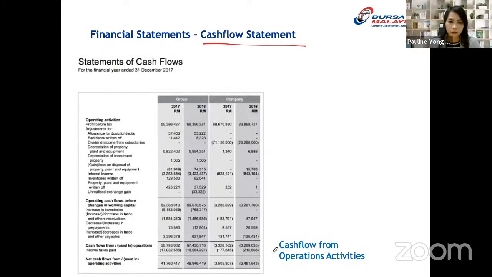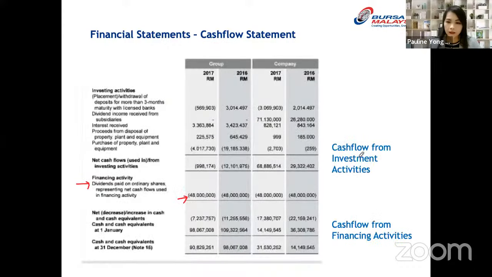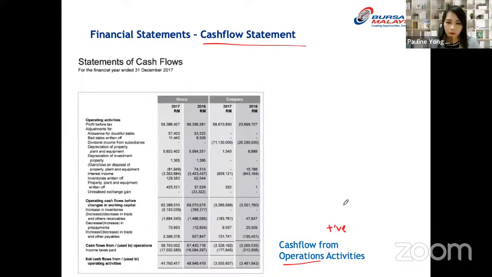By right, we want to see that the cash flow from operation is a positive figure. Why do you think the operation has to be positive? Operation is like the working capital of a company.